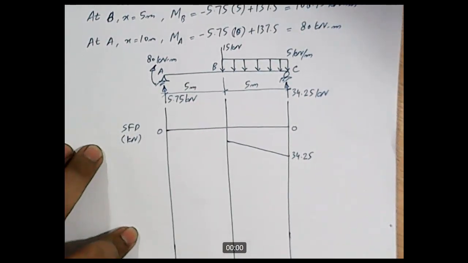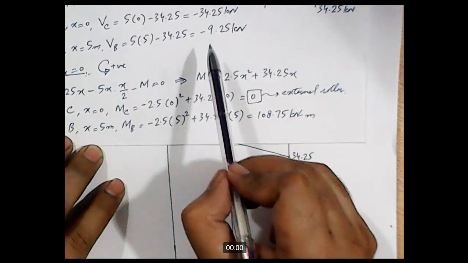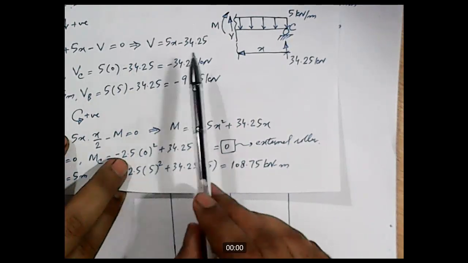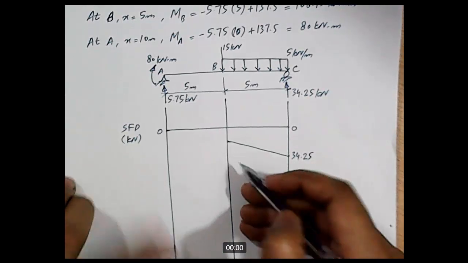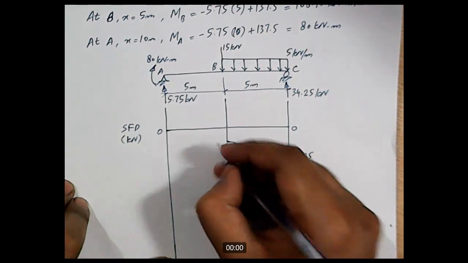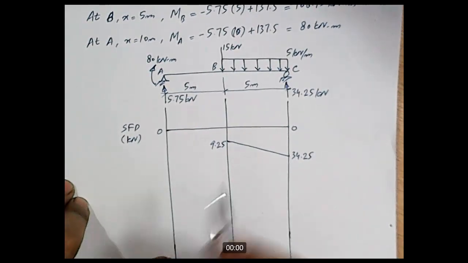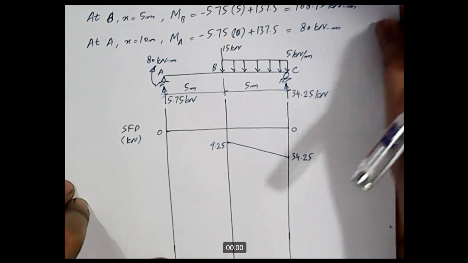If you look at the degree of the equation of shear for portion BC, it is a first degree equation. That's why I have joined these 2 points with a straight line. So this is 9.25. And then what is the value of shear for portion AB?